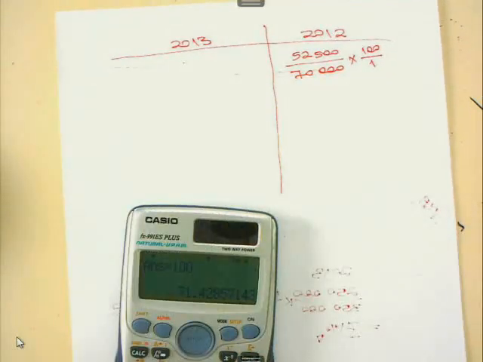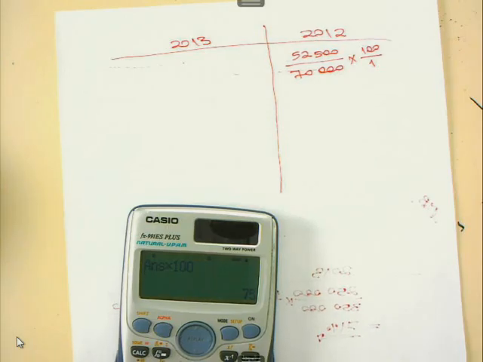Let us do the calculations together. The gross profit of 52,500, divide that by the cost of sales of 70,000. We multiply that by 100 over 1.